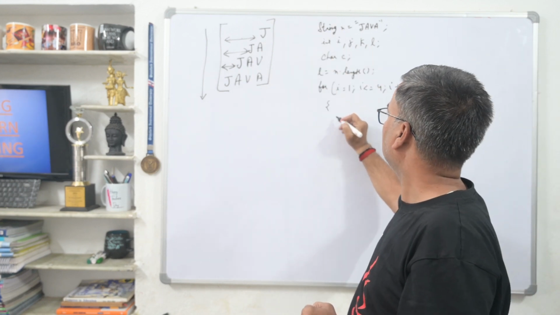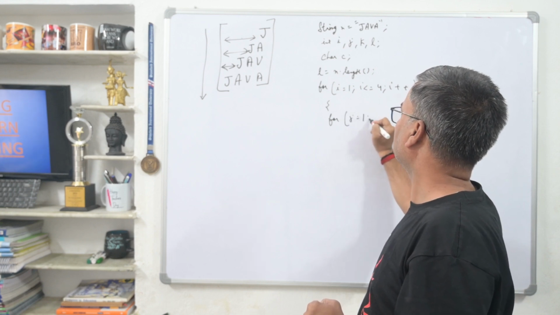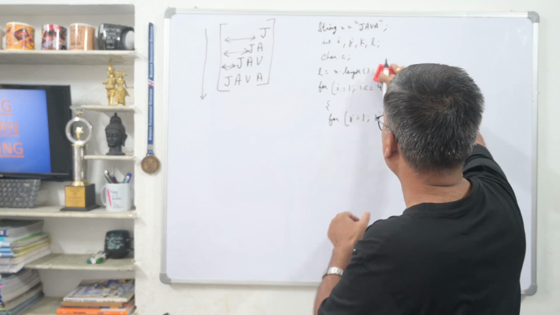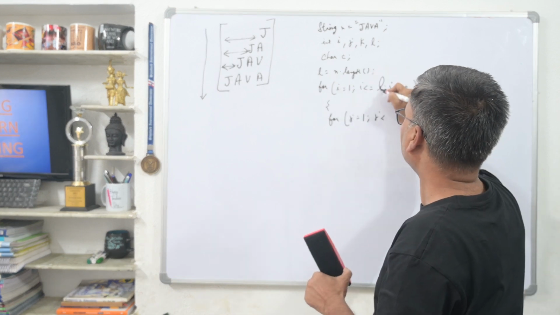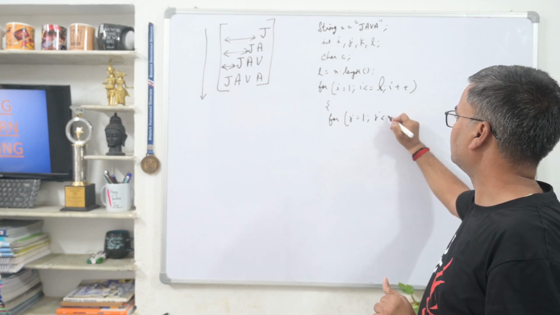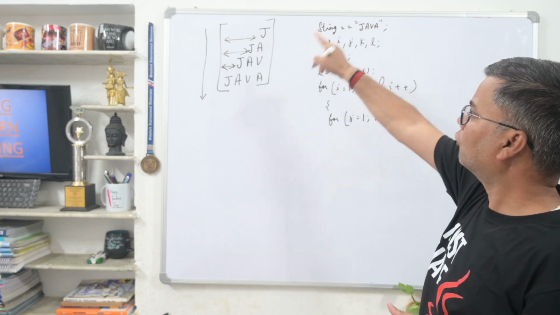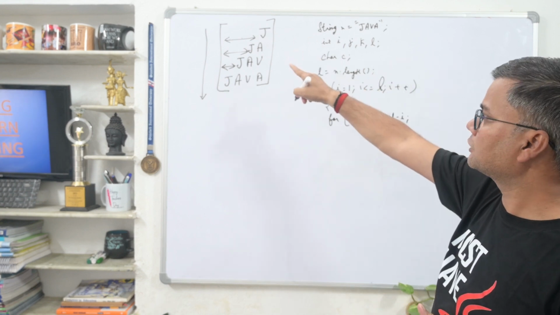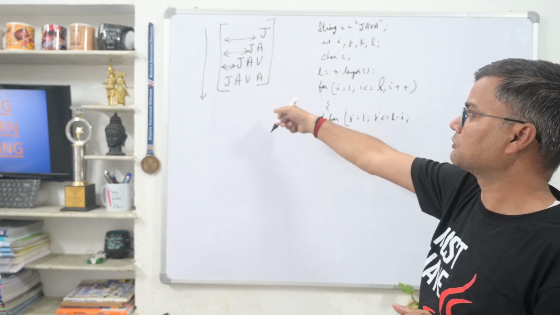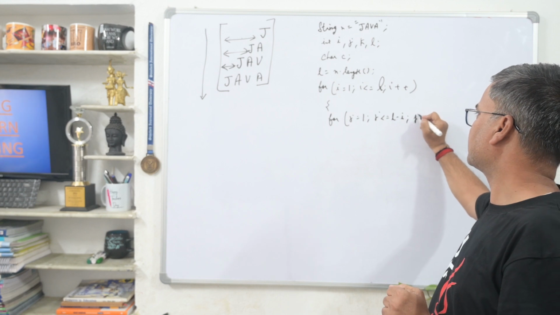Then for J equal to 1, J less than or equal to, instead of 4 I will take L. I equal to 1, I less than or equal to L. J equal to 1, J less than or equal to L minus I. 4 minus 1, 3. 4 minus 2, 2. 4 minus 3, 1. 4 minus 4, 0.